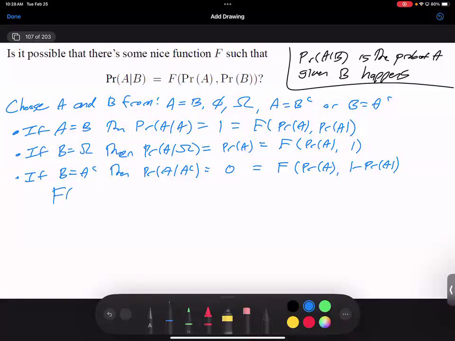If I look at F as a function of x and y, I know that F of x, x has to be 1. I know F of x, 1 has to be x. I know F of x, 1 minus x has to be 0. And this has to hold for any choice of A, any choice of B.